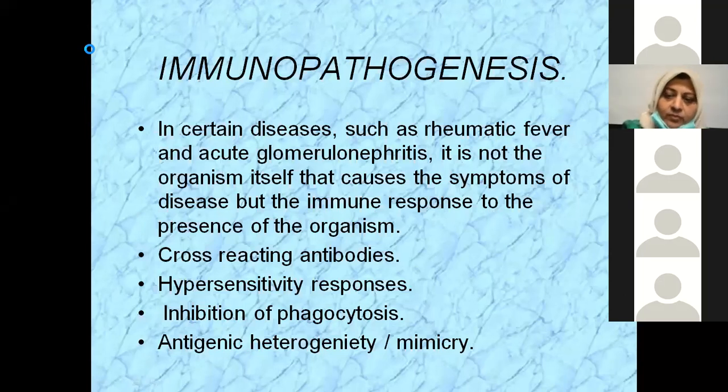We know that immunity is for our protection, but sometimes when hyperimmunity occurs, the immune response causes harm to the body by forming cross-reacting antibodies. It means that the antibodies that are formed against the infecting agent sometimes start attacking the body's own cells.